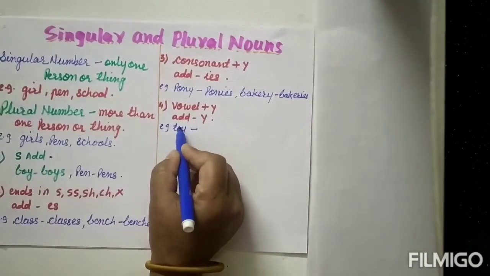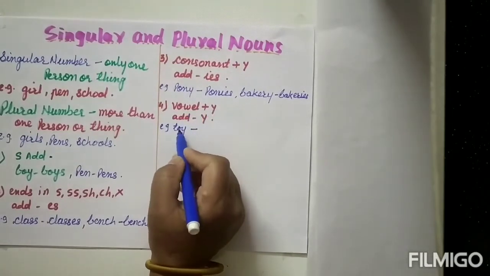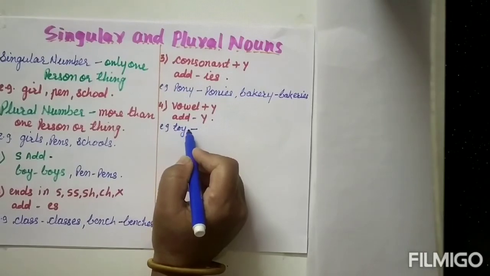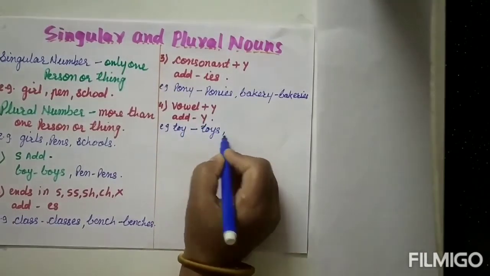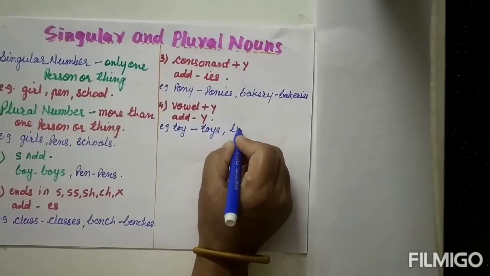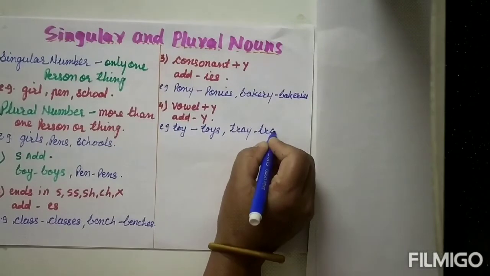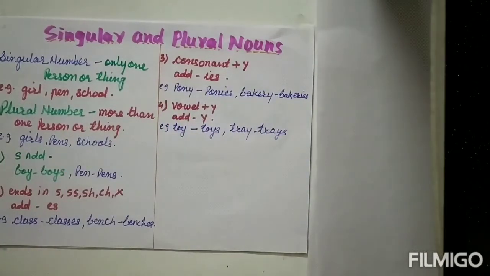Here o is the vowel and we are adding vowel plus y. Just add s. T-O-Y-S, toys. Same like that, tray, trays. Okay.